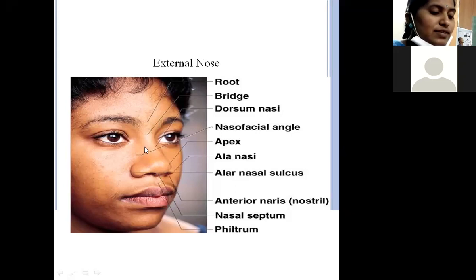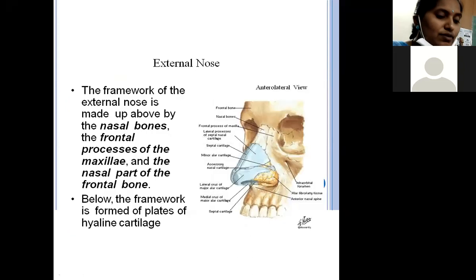So these are the different parts of the external nose: the tip, the root, the dorsum, the nasofacial angle, the alae nasi, and the anterior nares or nostrils. That is about the external nose.